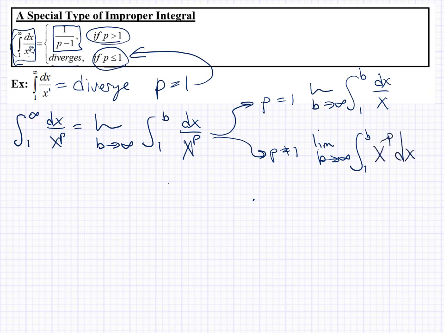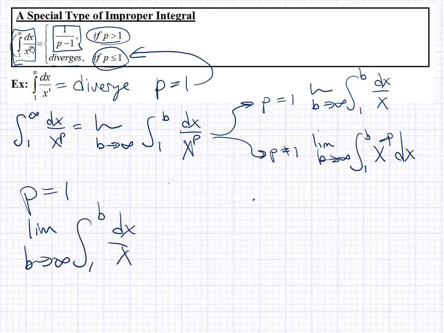We would just bring the power up, and we can use the power rule to do that integral when the power isn't 1. So first let's look at the first one, with p equals 1: the limit as b goes to infinity of the integral from 1 to b of dx over x.